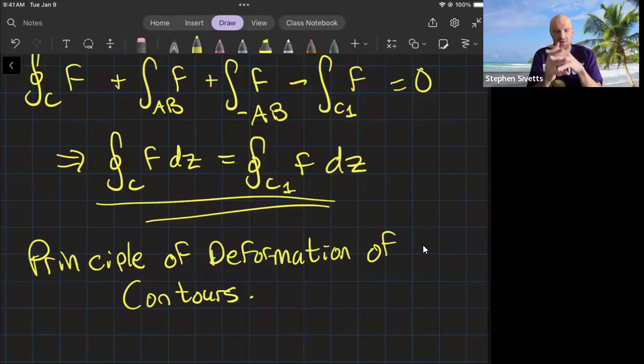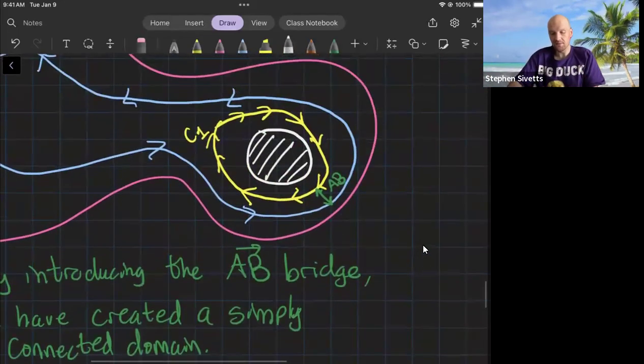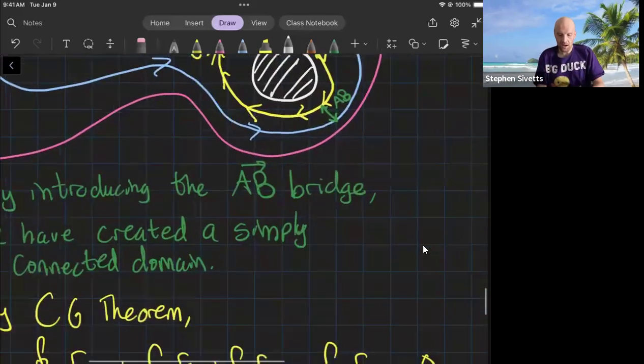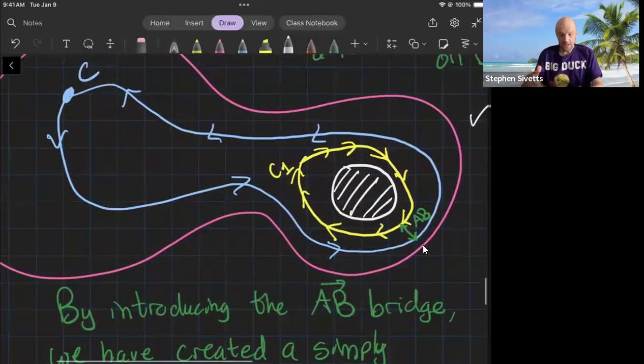So if we have a wacky closed curve C that is wrapped around some region where our function may not be defined, like with this example here, we can figure out a way to deform this closed curve into another closed curve, which is easier to work with. And the Cauchy-Goursat theorem would be valid for this type of curve in our domain.